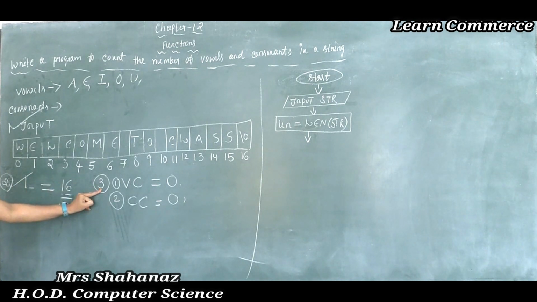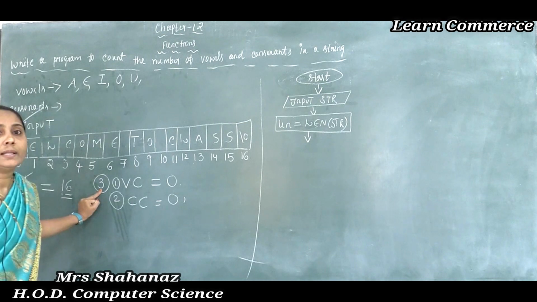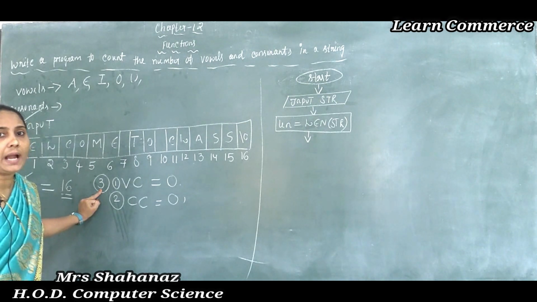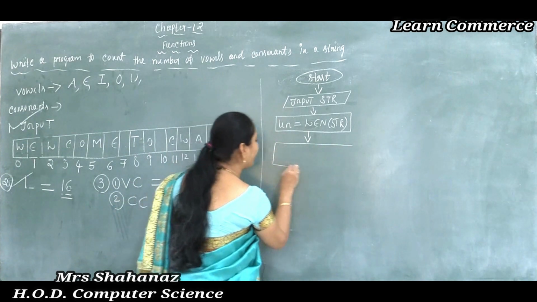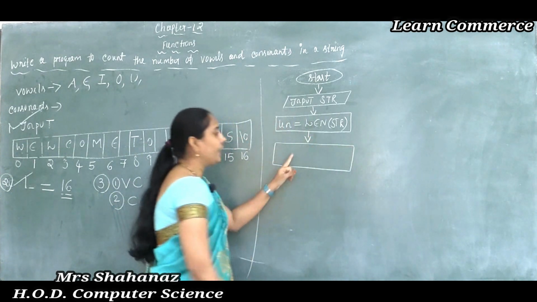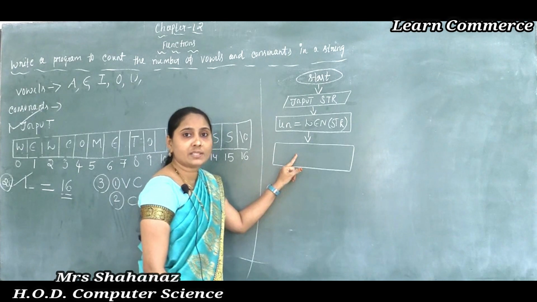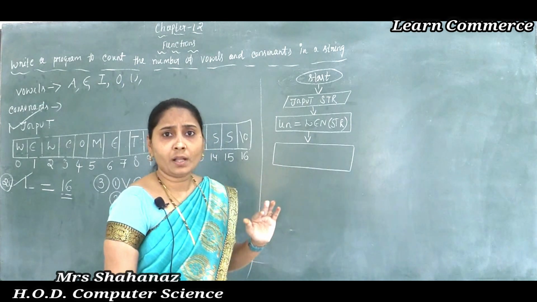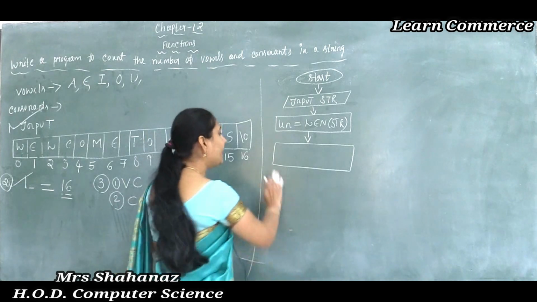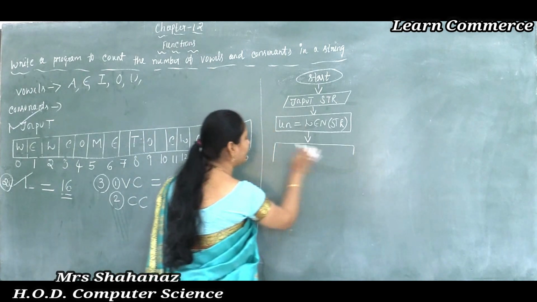And later, after completing L is equal to 16, what I did in step 3 is initialize some variables. The variables are VC and CC. Correct? No? You can use one process symbol only for the VC value and CC value, otherwise you can use another process symbol. Now we'll use them one by one, VC and CC.